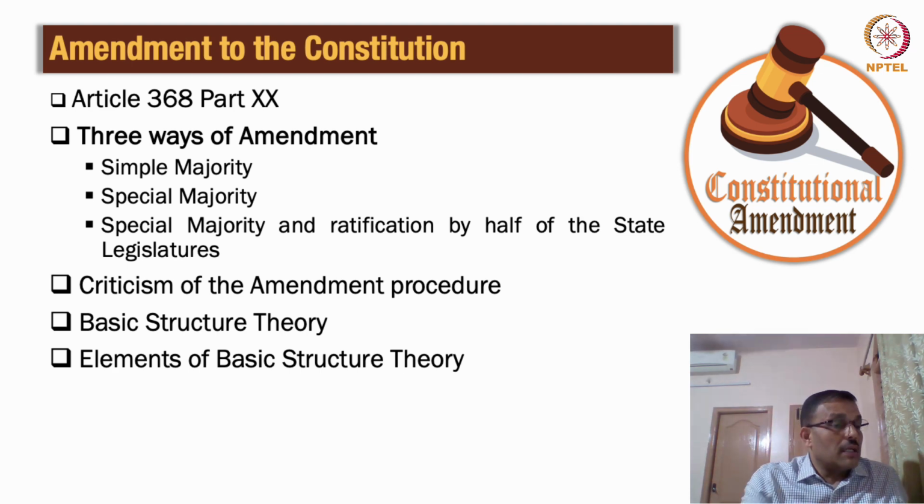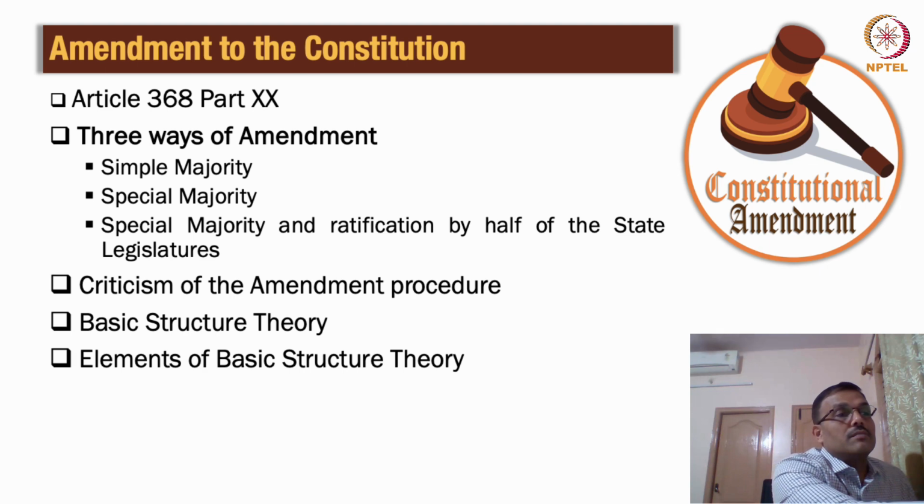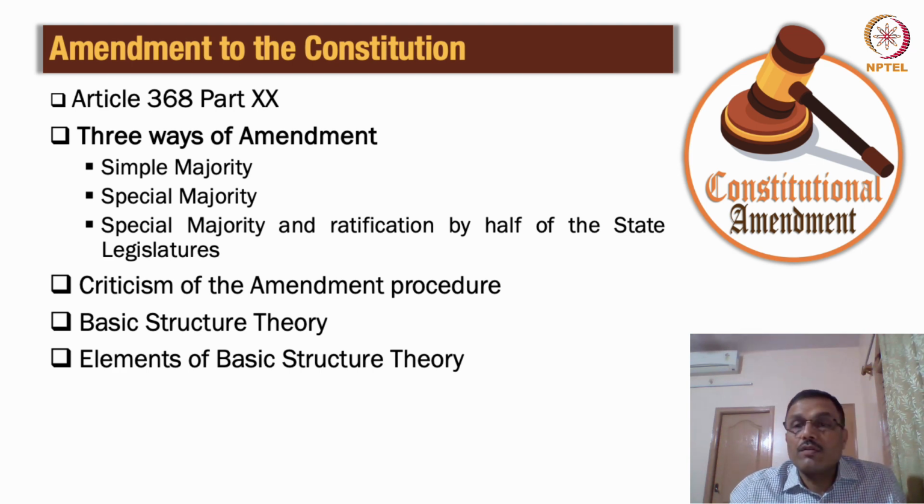Now, most of the other provisions of the Constitution require a special majority. A special majority means two-thirds of the members of each of the houses have to agree. And when we say two-thirds of the total membership, it means the total number of members comprising the house, irrespective of any vacancies or absentees.